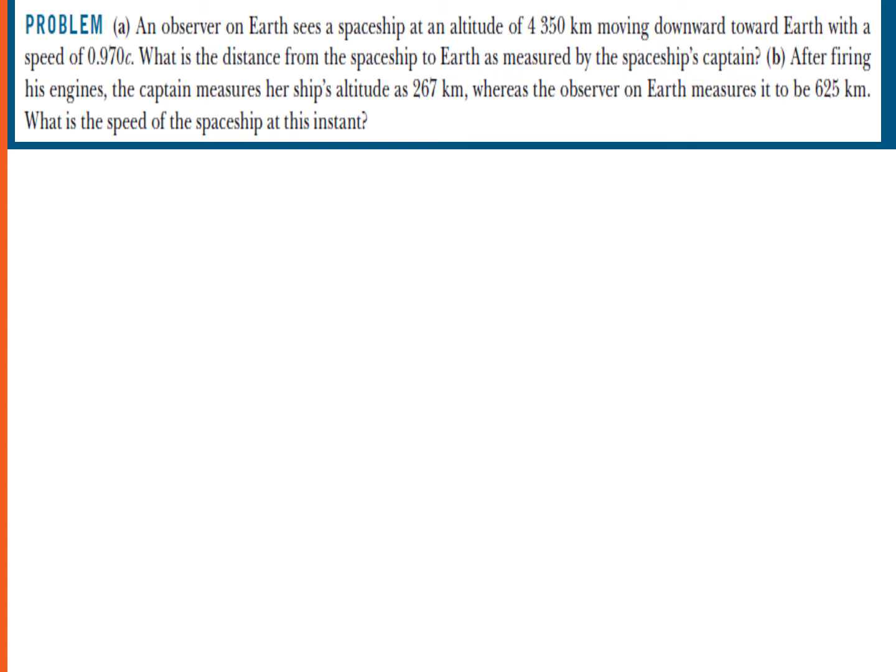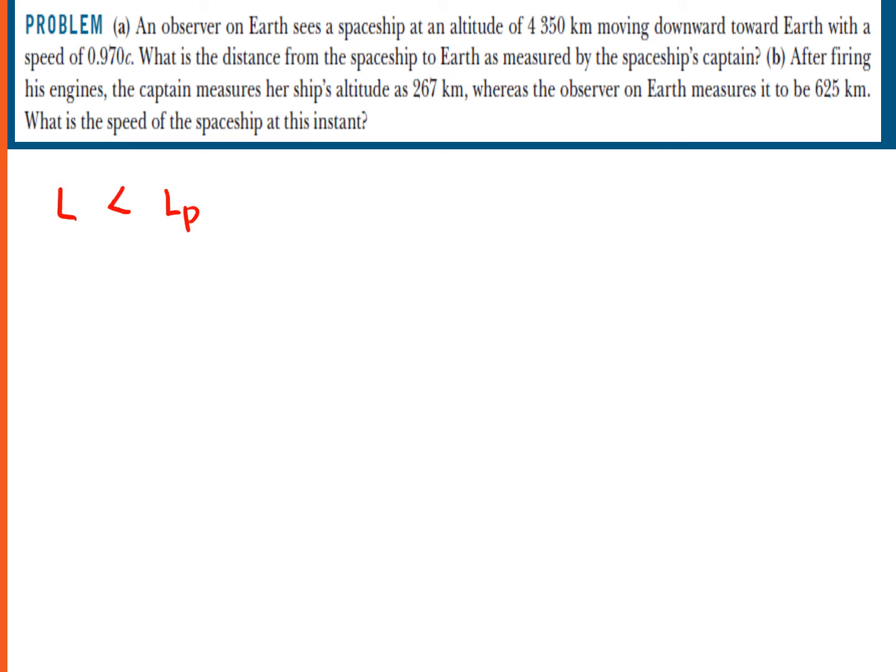Now let's move on to part B. After firing his engines, the captain measures her ship's altitude as 267 kilometers, whereas the observer on Earth measures it to be 625 kilometers. What is the speed of the spaceship at this instant? Remember that L, or the contracted length, is always less than the proper length.